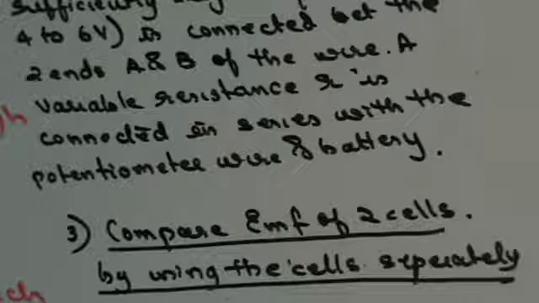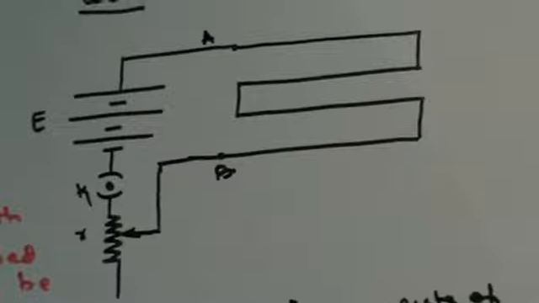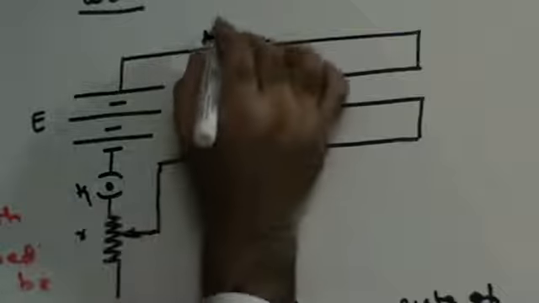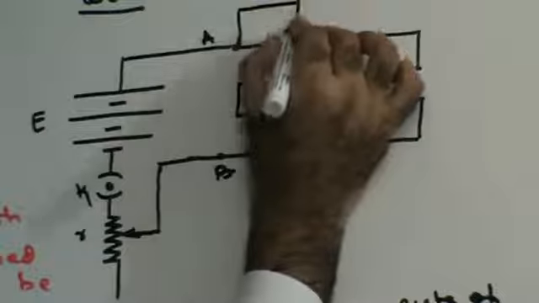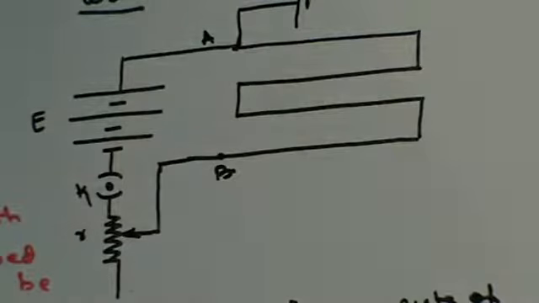Now, guys, instead of drawing the diagram again, I'm going to use the previous diagram only, right? Can you just see this potentiometer wire diagram? That was my potentiometer wire. Now, the cell whose EMF has to be determined is connected to one end of the potentiometer wire, such that the positive terminal of the cell is connected with the positive terminal of the potentiometer wire, right?